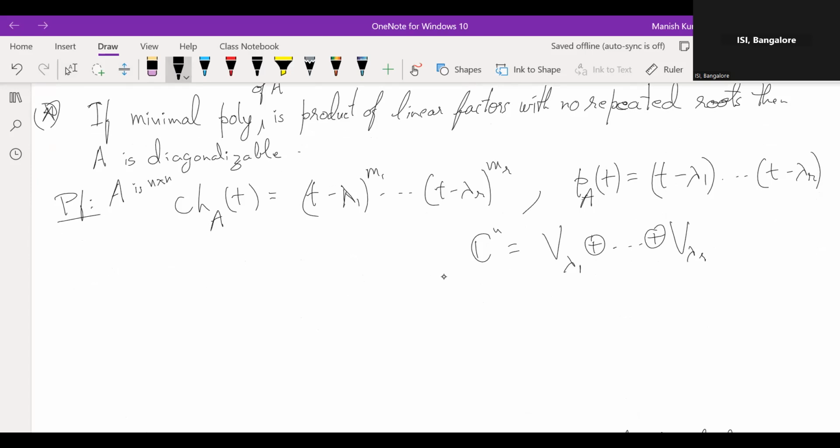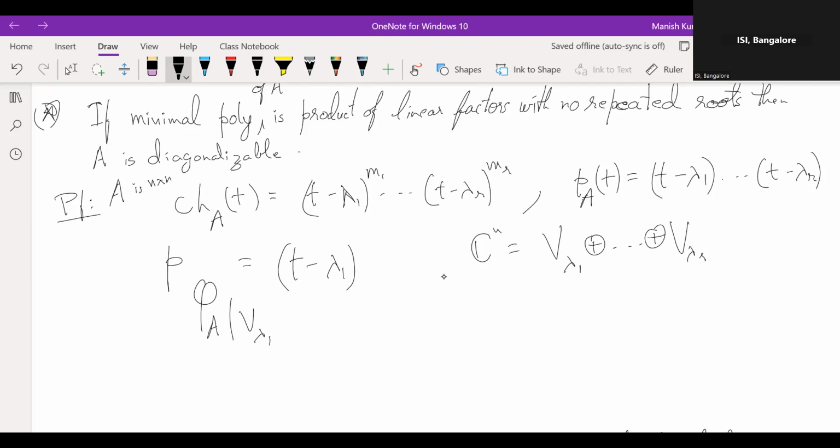You look at phi A restricted to V lambda 1, and look at the minimal polynomial of phi A. This is just going to be t minus lambda 1 by what we proved last time. I mean, this version for the characteristic polynomial is a homework. For the minimal polynomial, we proved this, right?